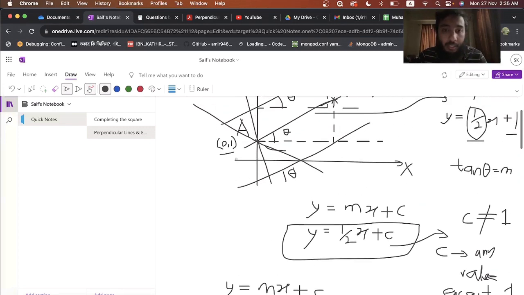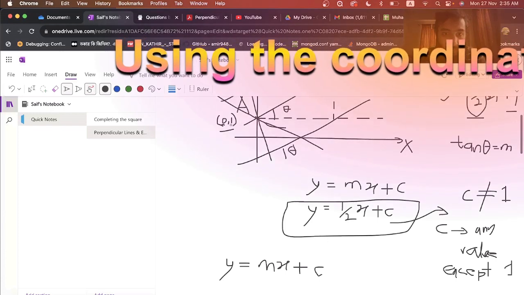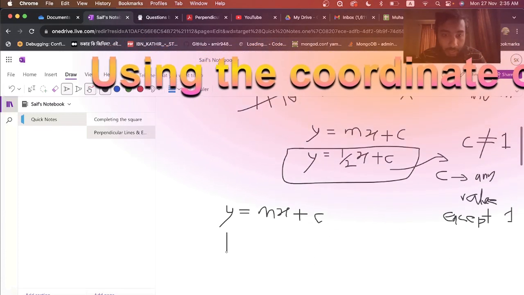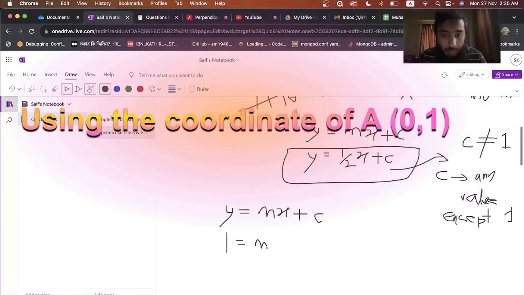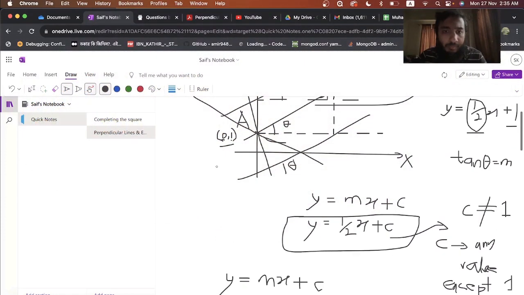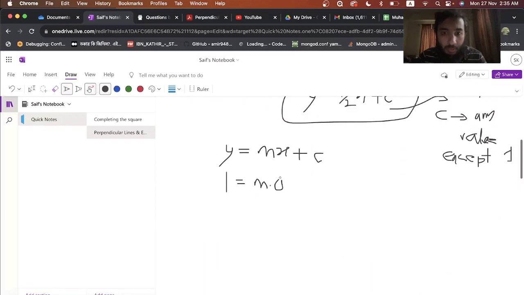So for any line that goes through A, which is (0, 1), if I use these coordinates of x and y and write it here, 1 equals m multiplied by 0 plus c.